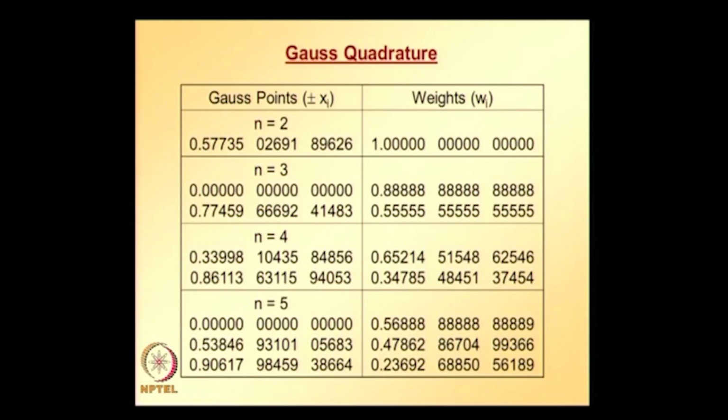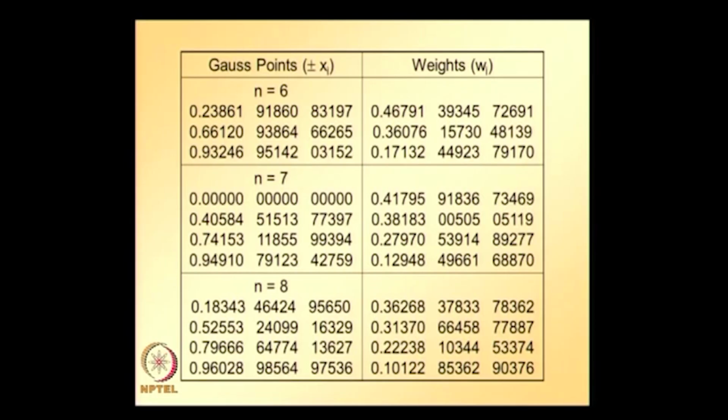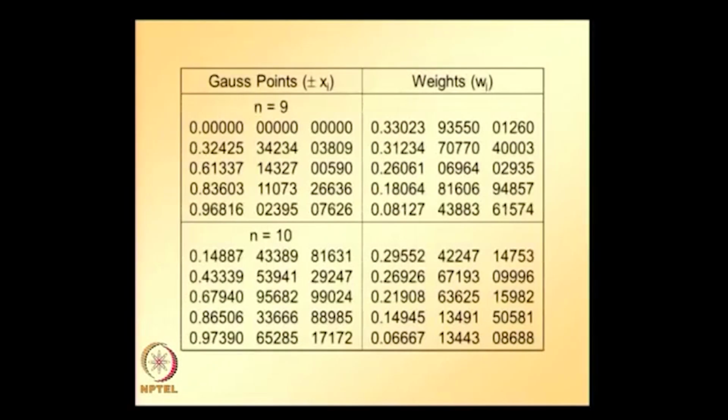It is not given in the table, but for n equal to 2, n equal to 3, n equal to 4 and 5, the locations and weights are given here, and similarly a continuation of this table is here with the rest of the points, n equal to 6, 7, 8, 9 and 10 integration points.